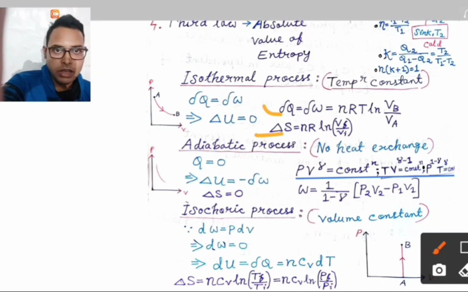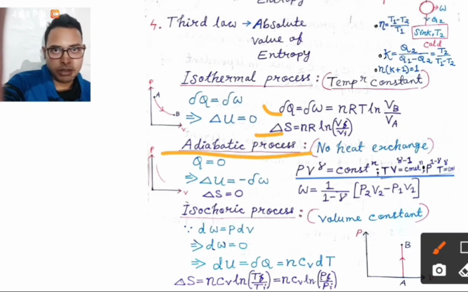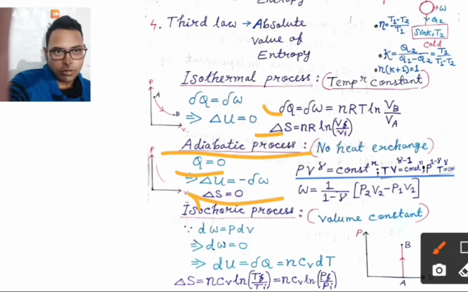And the adiabatic process. In an adiabatic process, there is no exchange of heat. Then Q is equal to 0, so dW is equal to minus dU, and the change in entropy is 0 as heat is 0.